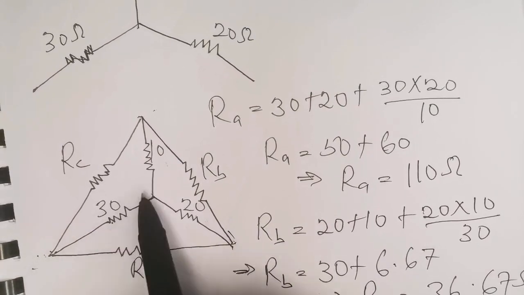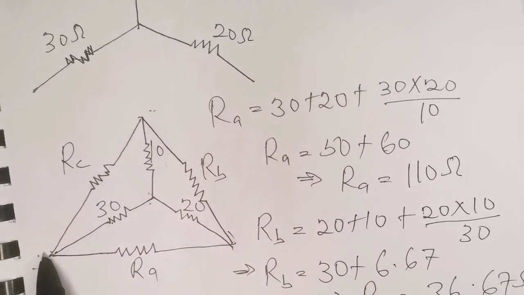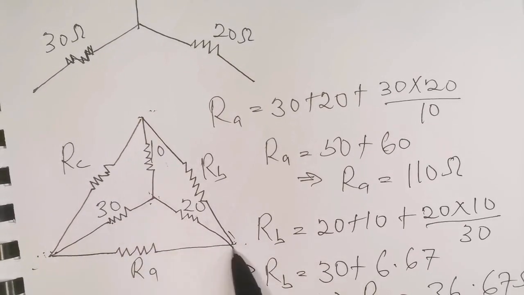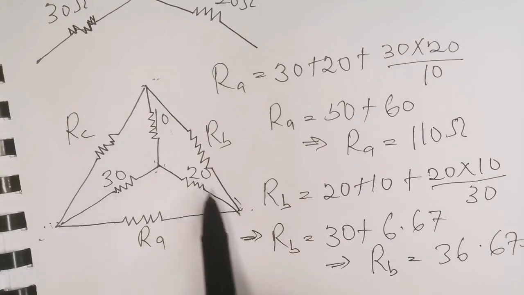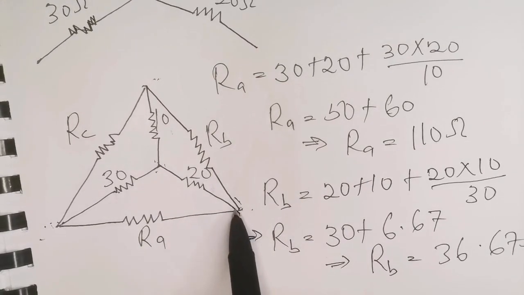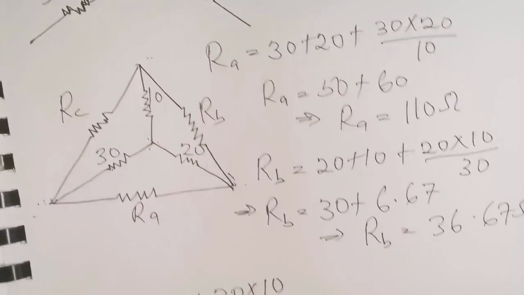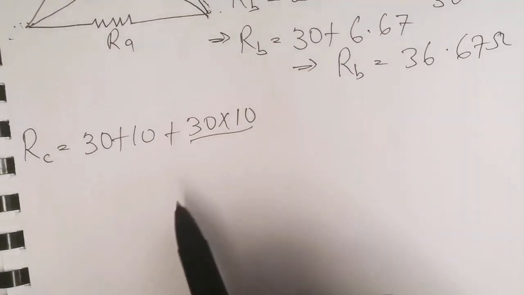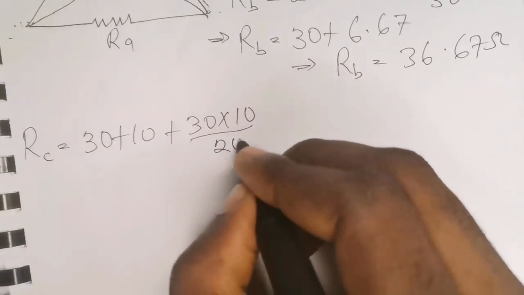This is our triangle, 30, 10 and RC. The resistor which is not part of that triangle is the 20 ohm resistor, so you're dividing through by 20. So you have 30 times 10 divided by 20.